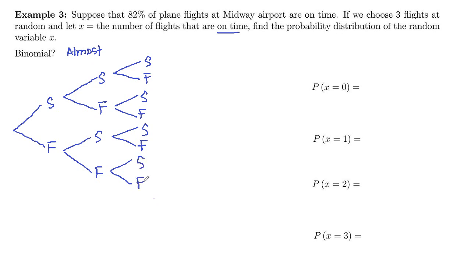And then remember, we put the probabilities on the branches. The probability of a flight being on time, that success, is 82%. So that leaves 18%, 1 minus 0.82, for the failure, and it's that way on all the branches because these flights are independent for the most part. Then we can list our outcomes and start finding probabilities.